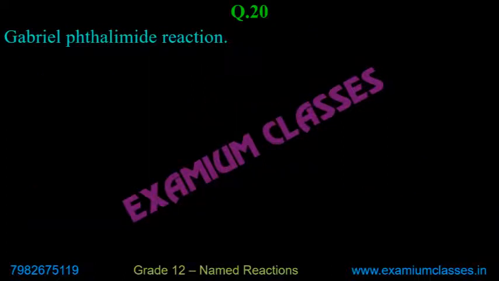Next, Gabriel phthalimide reaction. This is something where you have to remember the structures, and that's where most of the students struggle if they don't revise. That's my warning. If you don't remember the structures, there will be a problem. So phthalimide structure you have to remember, and moreover, you need to remember this is one of the methods for preparation of primary amine.